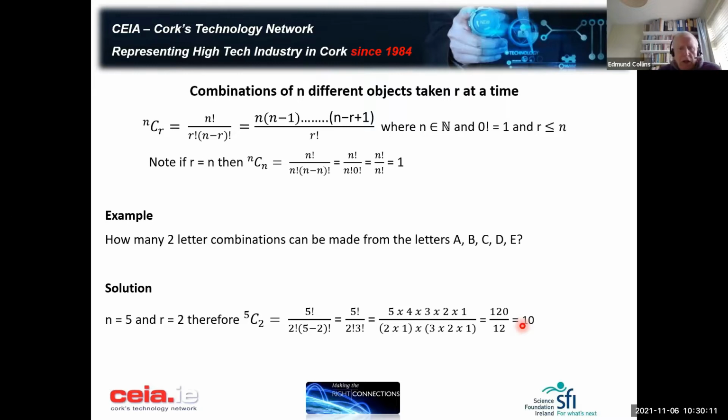So this is a rule that you'll always have fewer combinations than permutations, and this is back to the order, because order is not important in the combination. So always fewer combinations than permutations. So that's just something to remember.